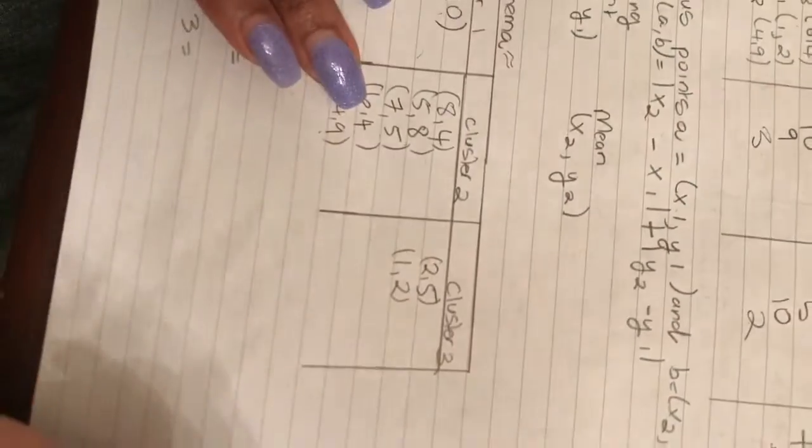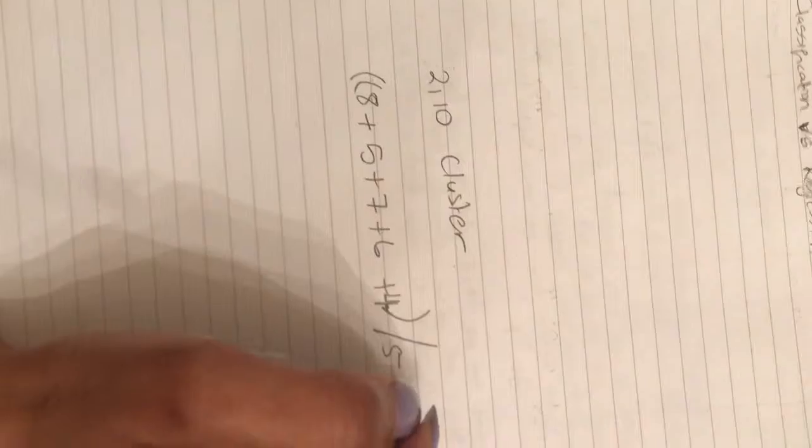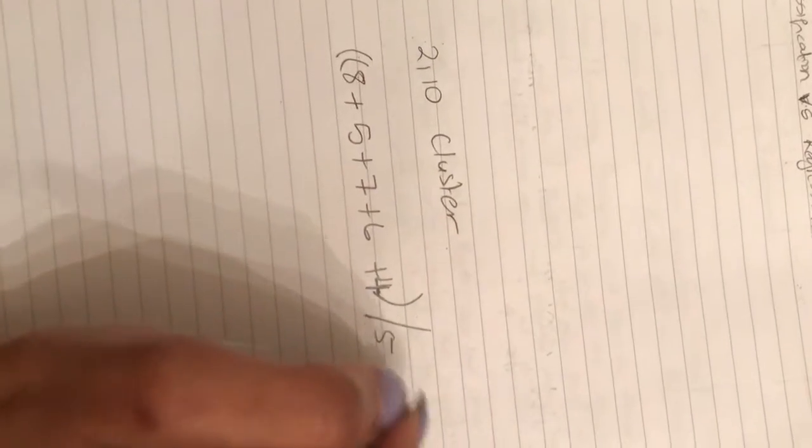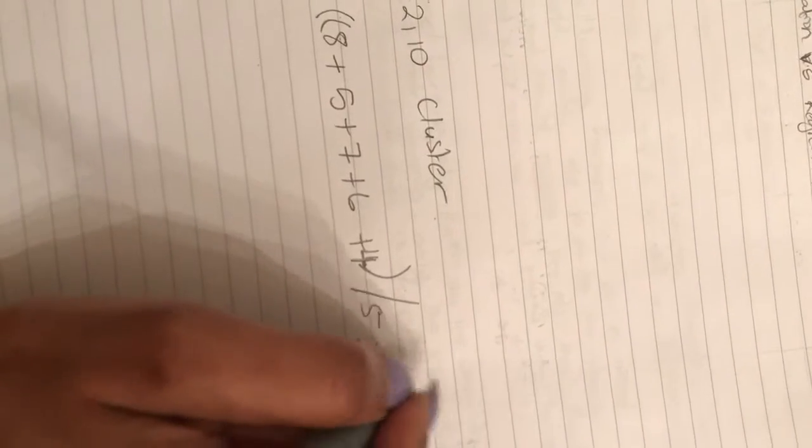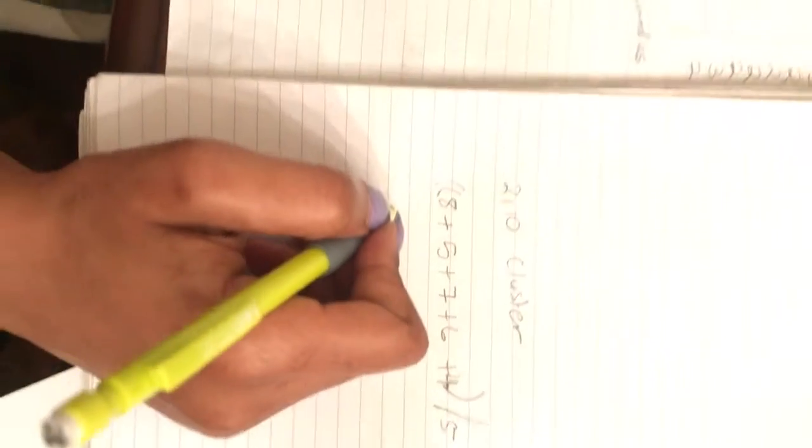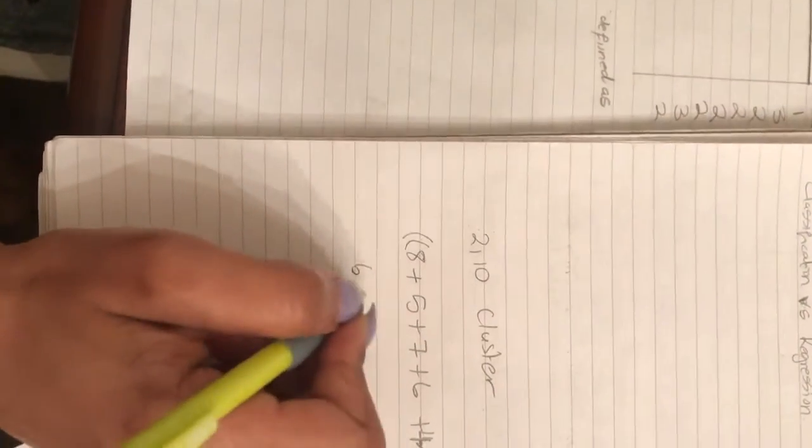Then we close our parentheses and we divide by 5 because we have 5 different points altogether. And then we do the same thing for the y, so it'll be comma, 4 plus 8 plus 5 plus 4 plus 9. And then we divide by 5. Same thing. So altogether we get a total of 6.6.